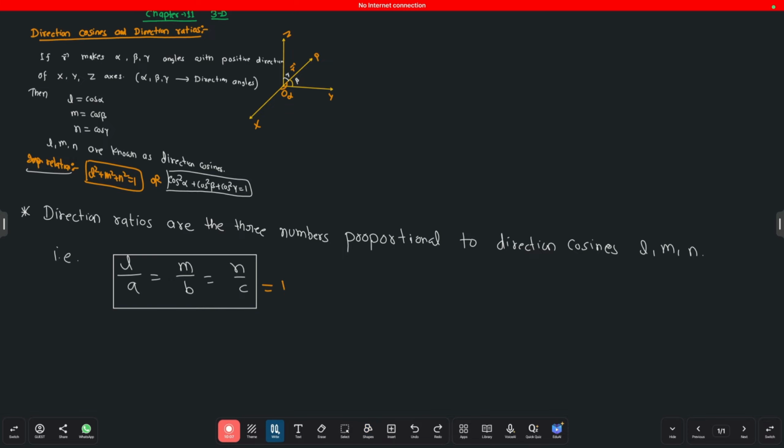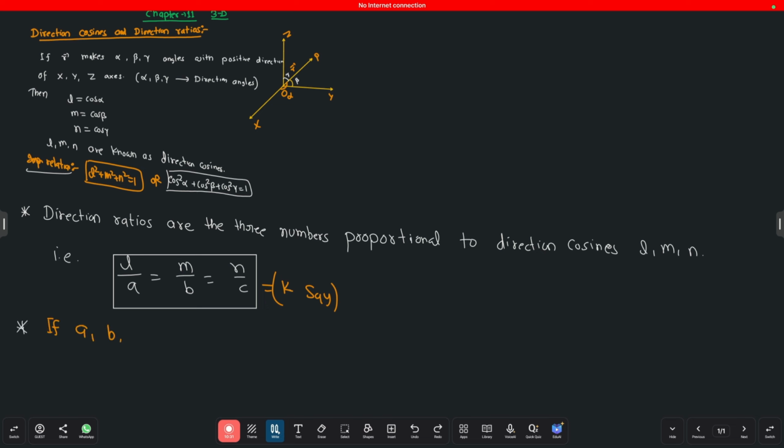It means if direction ratios are given, then we can find direction cosines.